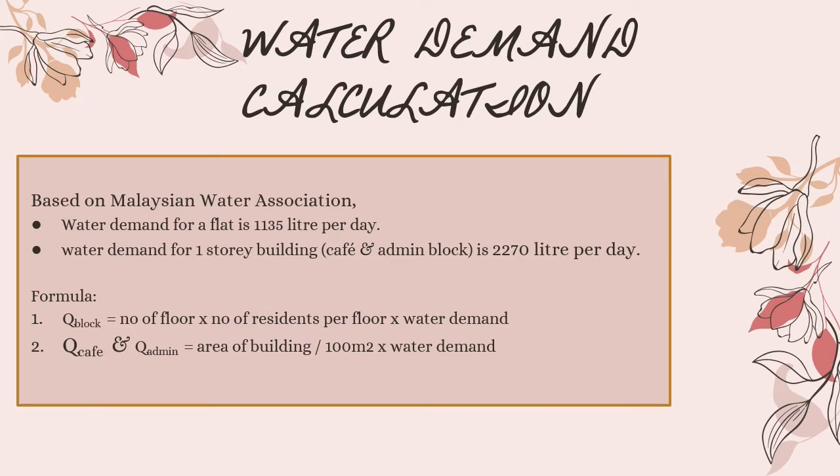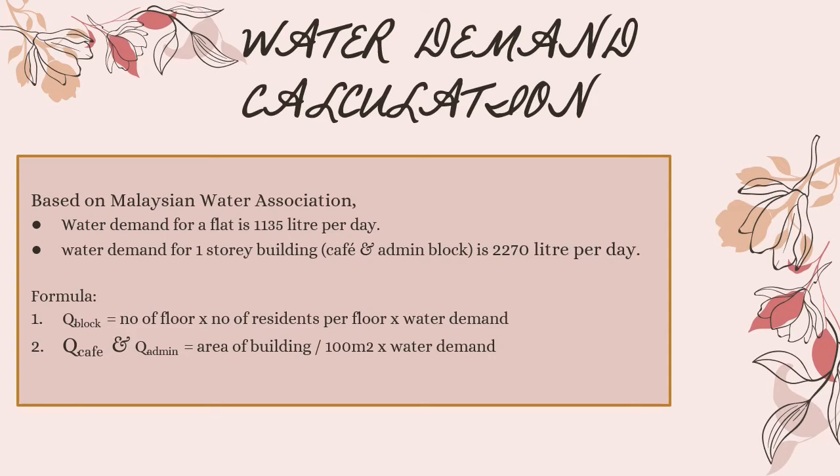Based on the Malaysian Water Association, the water demand for a 5-story building, which we consider as a flat, is 1,135 litres per day. The water demand for a 1-story building, which is the cafe and admin block, is 2,270 litres per day.